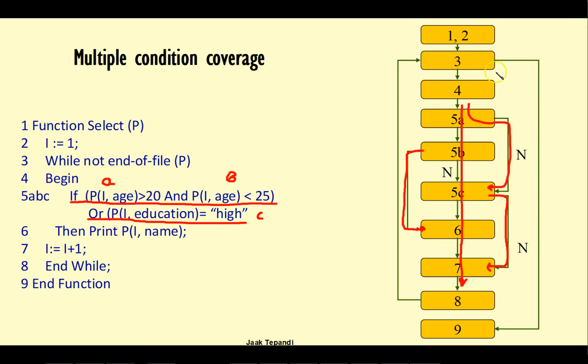So looking at this, and obviously if we have several records in this file, we cover the returning back branches and the exit branch. So we need at least 3, perhaps 4 tests in a test set that would satisfy the multiple condition coverage criterion.